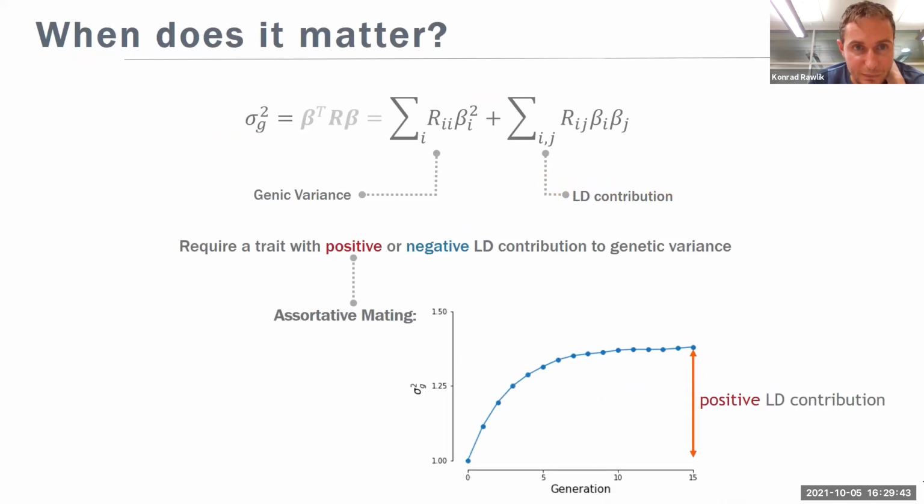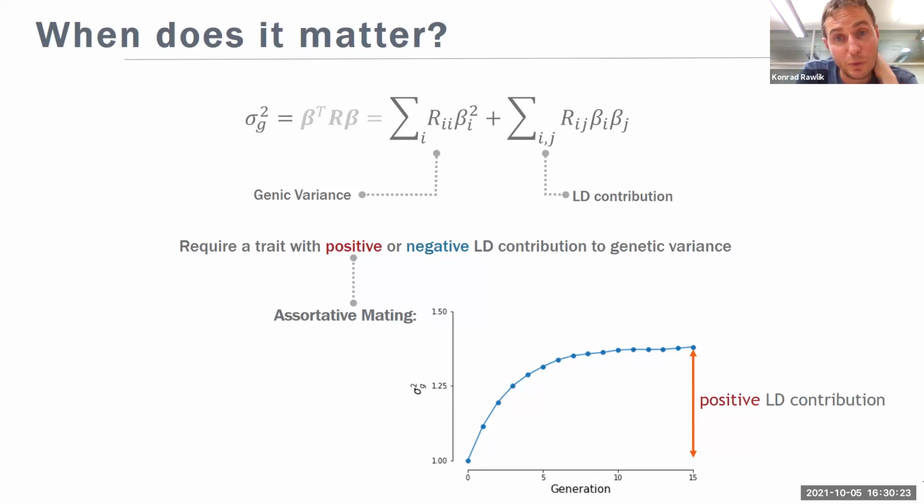So when would that matter? It would matter if there's an LD contribution to the genetic variance. If we look at the genetic variance, written here again, you can break it up into two parts. One is essentially the diagonal, which is just the sum of squares of the SNP effects, and this is always positive. This is called the genic variance. Then you've got the second term, which is the cross effects between different SNPs, and it depends on the LD between these SNPs.